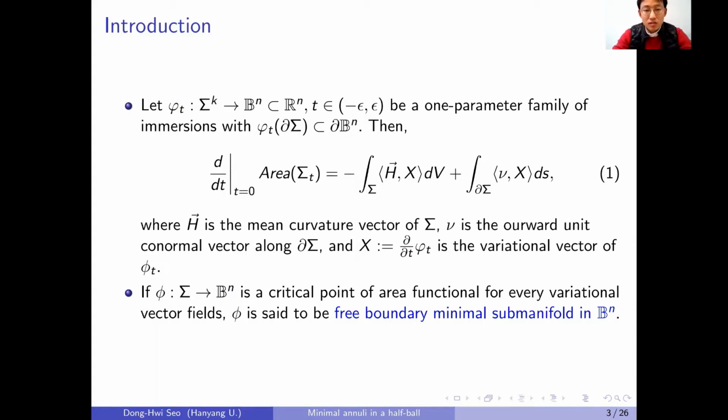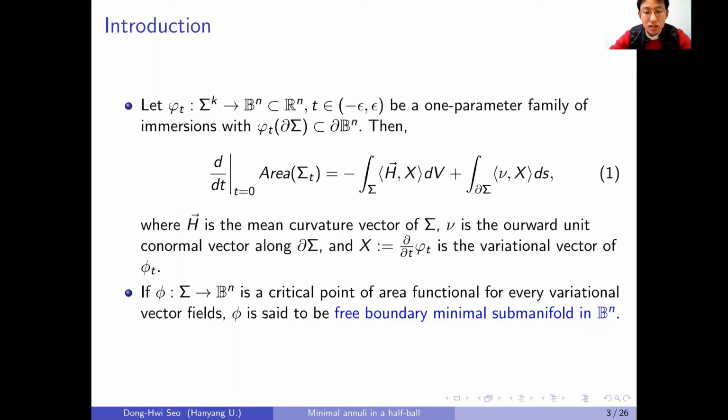We consider some manifold in the n-dimensional Euclidean ball, and a one-parameter family of this surface whose boundary is free to move in the boundary of the ball. Then we can take the first variation of the area functional, and it consists of two integrals.